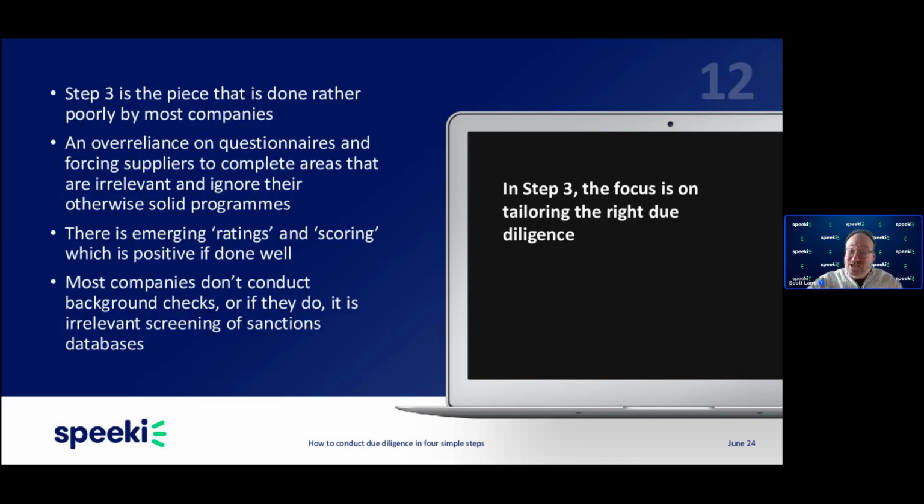The step three piece that we often see in the market where people are struggling is, well, now that we've done some sort of assessment, how do we do the research? And there's an over-reliance on questionnaires because it's easy and it's cheap. It's virtually free. So sending questionnaires is an over-reliance and it's done.